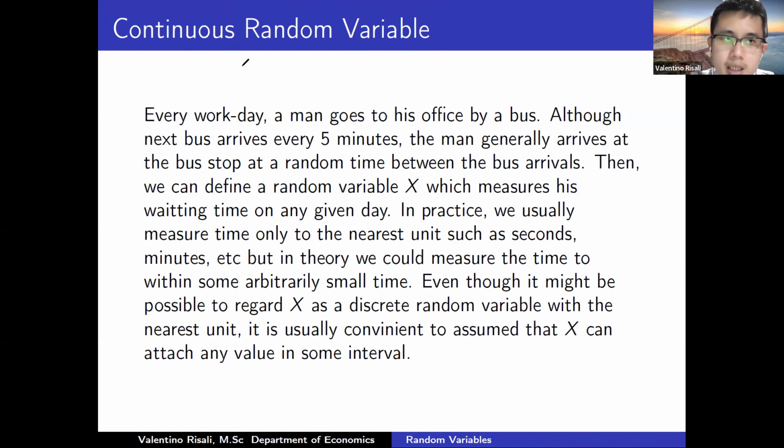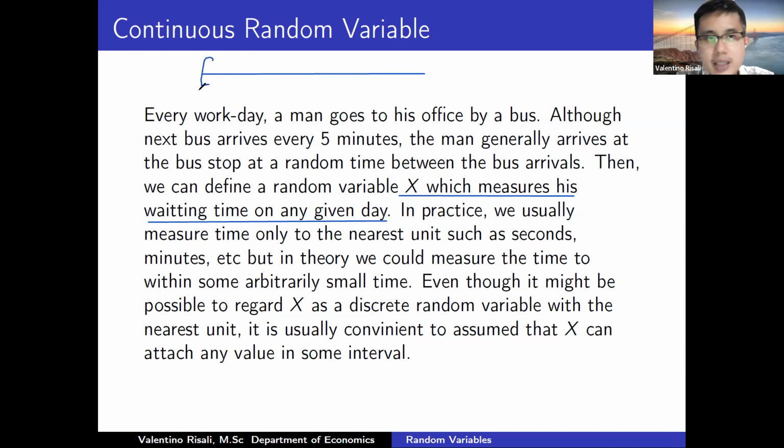And then we define a random variable x, which measures his waiting time. How many times he is waiting for the bus. Of course, because the bus arrives every 5 minutes, his values of x is in this interval.